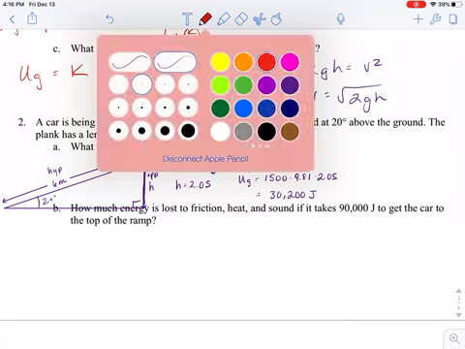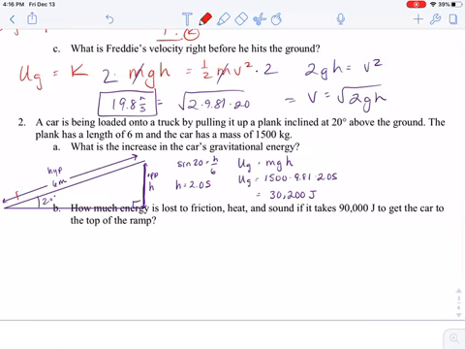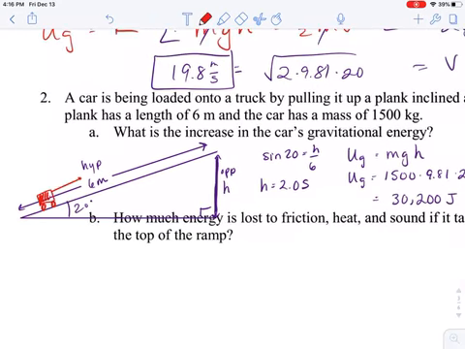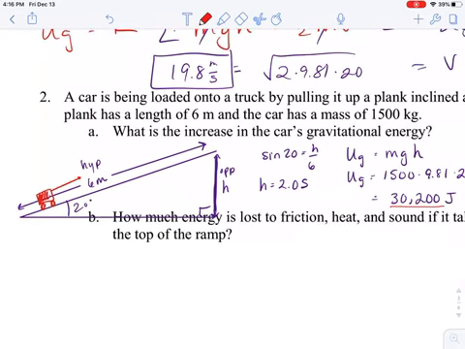So let's imagine for a second that we've actually got a car here. So there's my car, and I'm going to pull it up this ramp. If there were no friction at all, it should take me 30,200 joules to get that thing up the ramp.